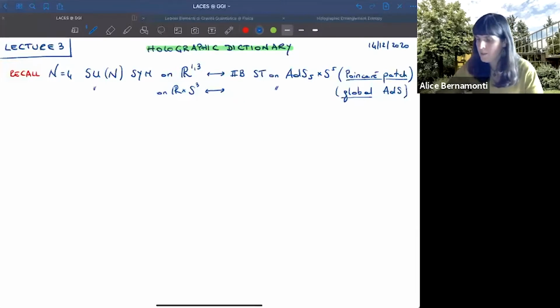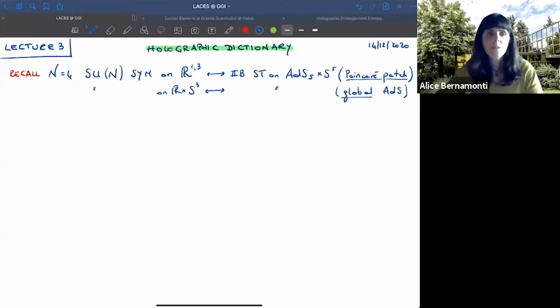And so now we would like to be a bit more precise. How is this equivalence realized? In particular, what is the so-called holographic dictionary between these two apparently very different theories? This will be the topic of the three hours of lectures that we have today.